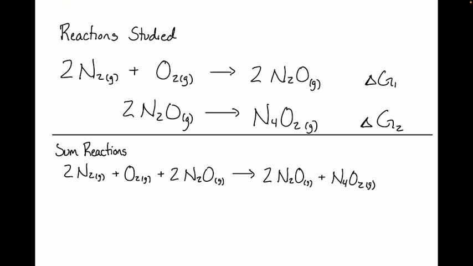Now we're going to cancel everything that appears on both sides of our chemical equation. If we get an exact match on both sides, we cancel it out. Anybody see anything that I can cancel here? That N2O. So my net reaction is these two nitrogens plus an oxygen to give us N4O2.